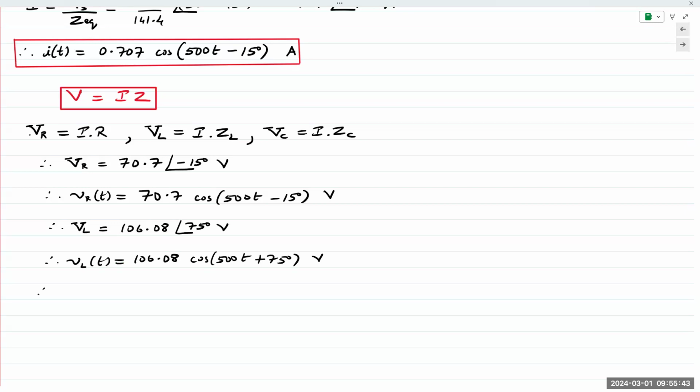And the phasor for VC would be 35.35 with a phase angle of minus 105 degrees. Therefore, VC of t is 35.35 cos of 500t minus 105 degrees.